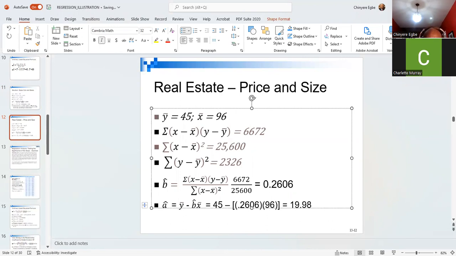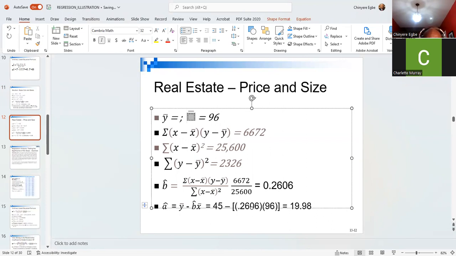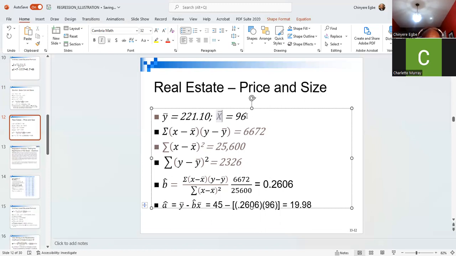Y bar for our problem was 221.10, and x bar was 2223.